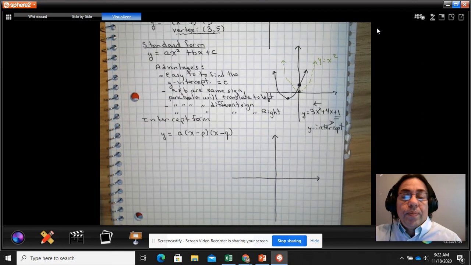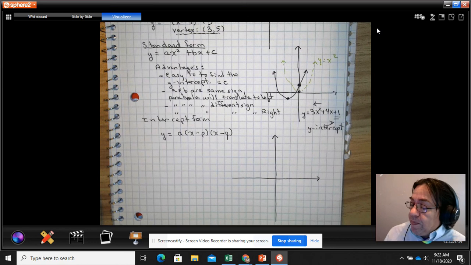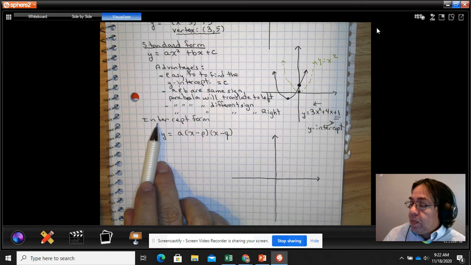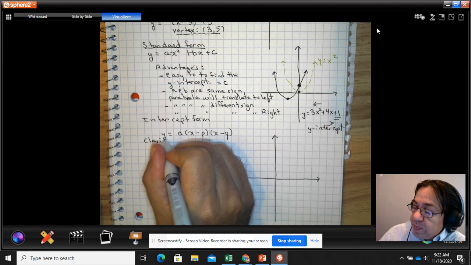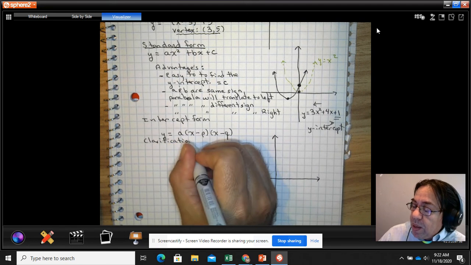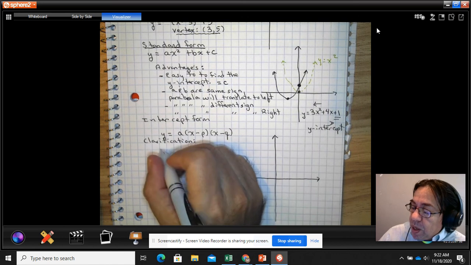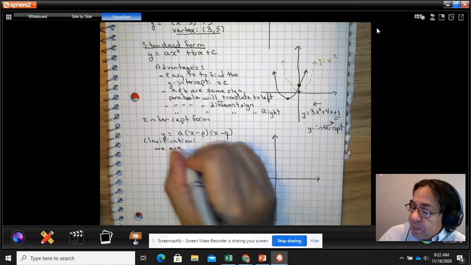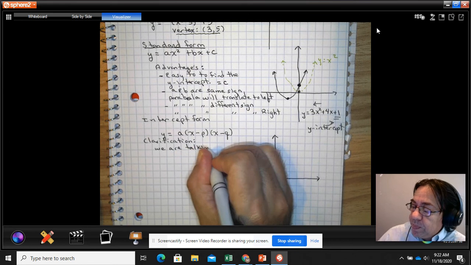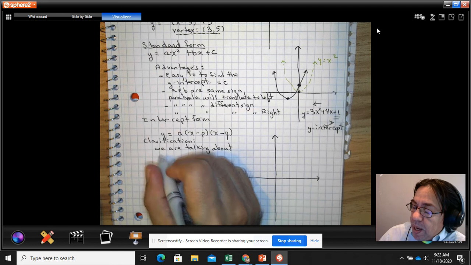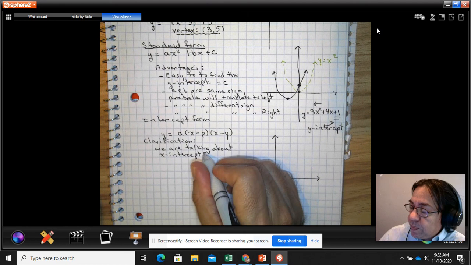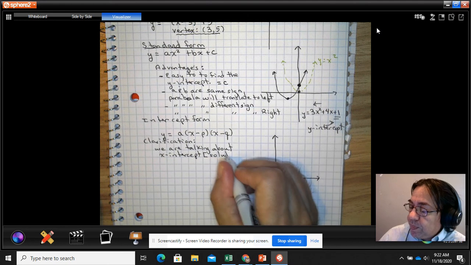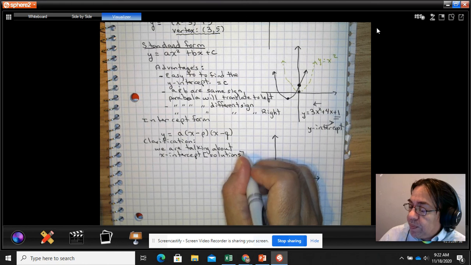The intercept form. As I mentioned yesterday, the confusion about this one is that it doesn't say which intercept. So for clarification, when we're talking about intercepts, we're talking about the x-intercepts. In other words, the real solutions to the quadratic.